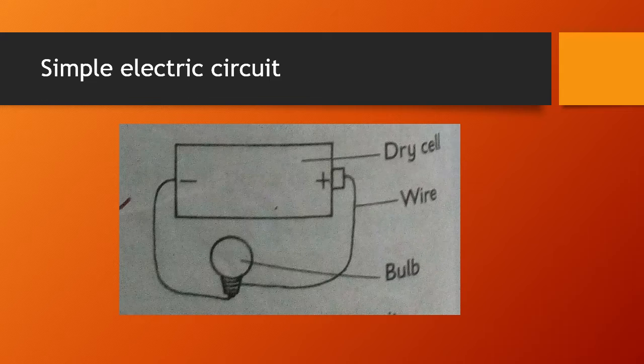When all the parts of the circuit are well connected, the bulb will light. If the bulb lights, the circuit is complete. We say the circuit is complete when the bulb has lit and it is producing light. If the bulb does not light, the circuit is incomplete.